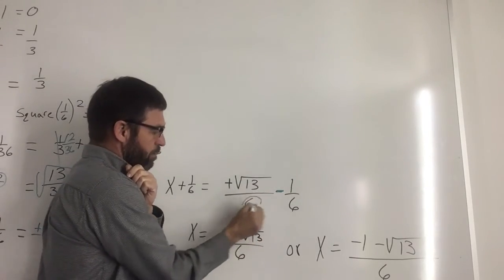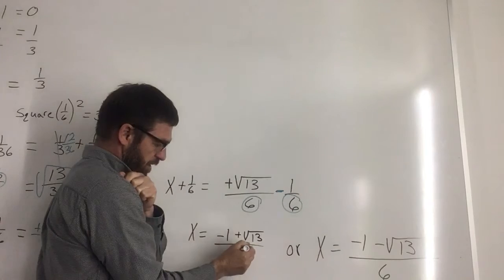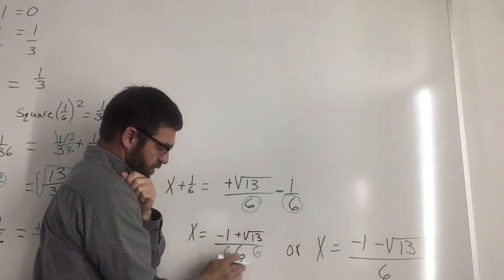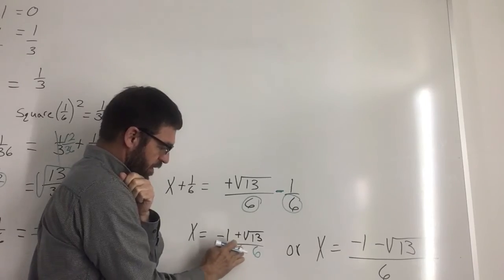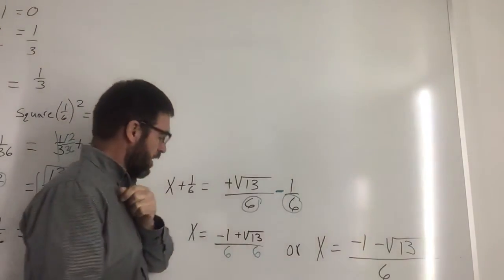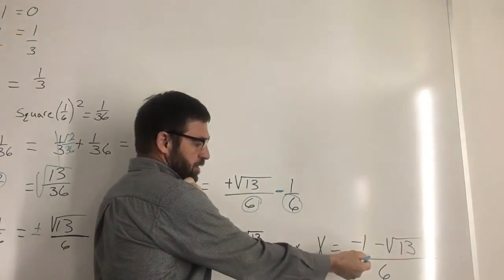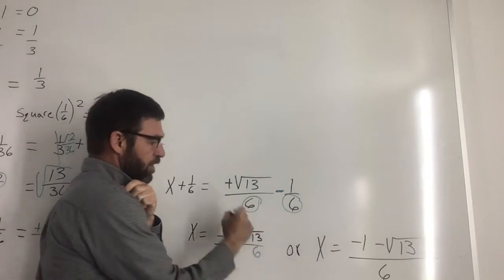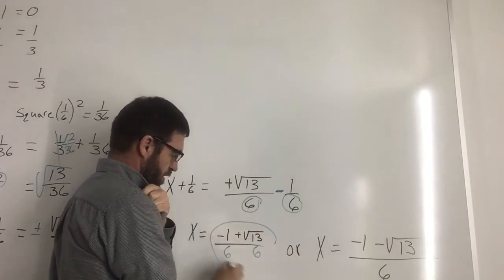You've got the same denominators, so you just have to have 6 here. Now, if you put 1/6 here and 6 there, it's not wrong. It's not wrong, but you don't have to. And then, of course, the other one is just the opposite. Negative 1, you still have your negative 1 when you bring it over. So your 2 answers are right here.